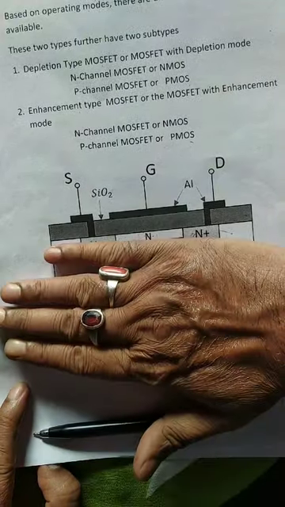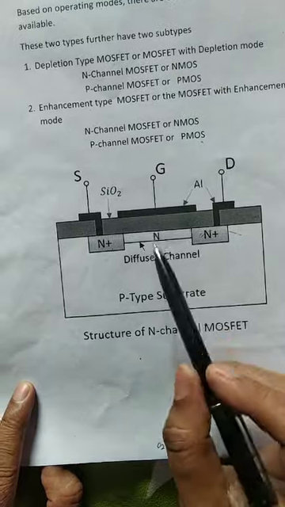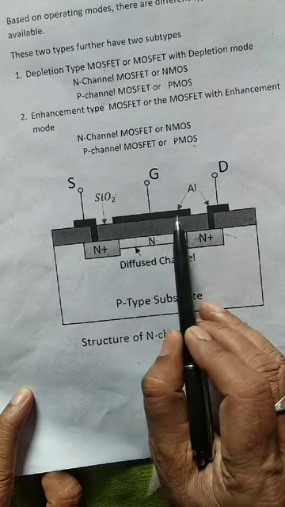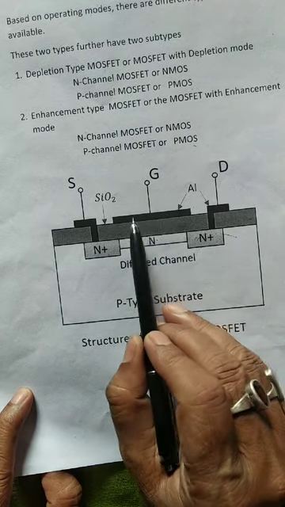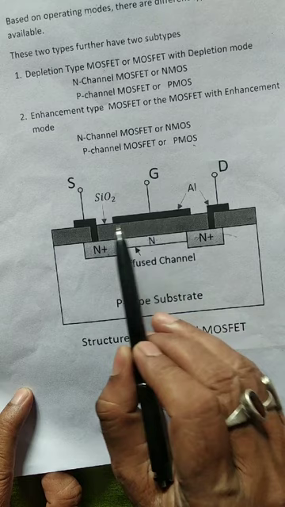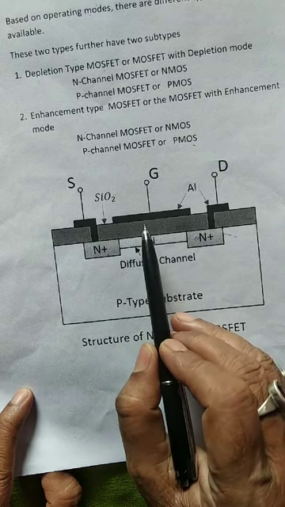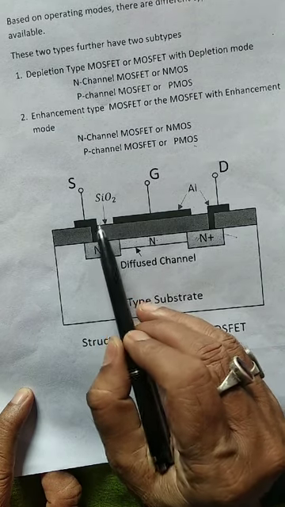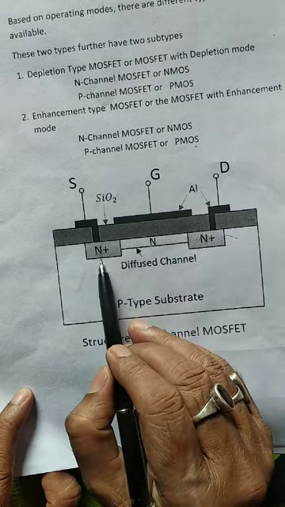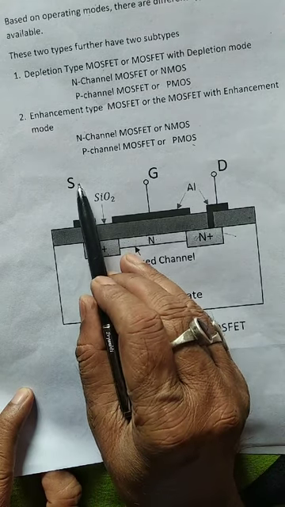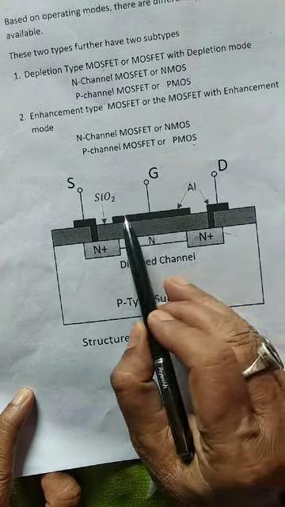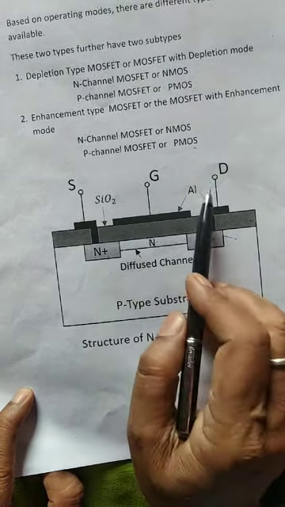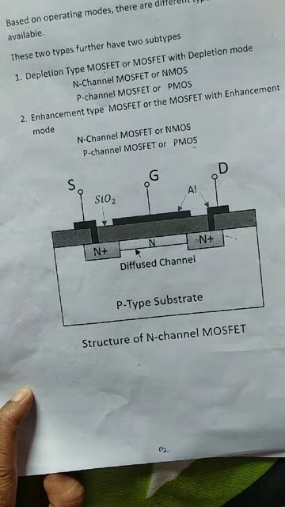Above the channel you can see this black metallic layer, which covers the entire channel. This metallic portion is connected with N. This acts as a source, this acts as a drain, and this metallic layer acts as a gate. So source, gate, drain.